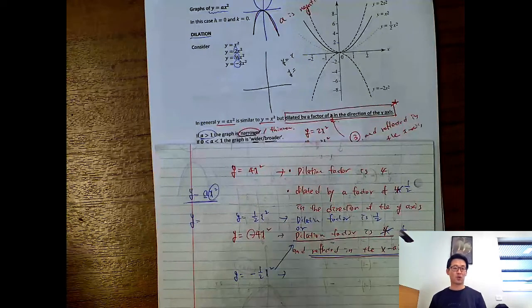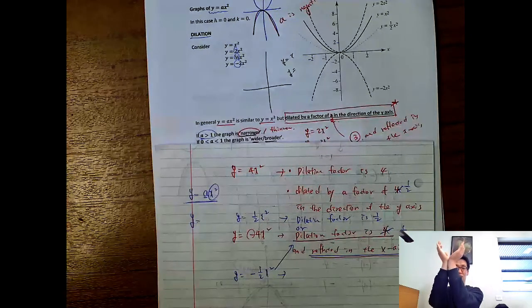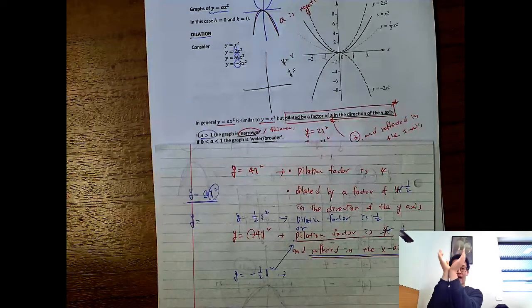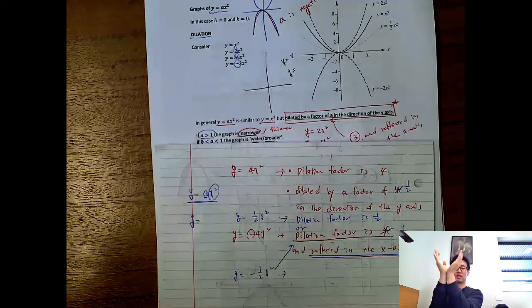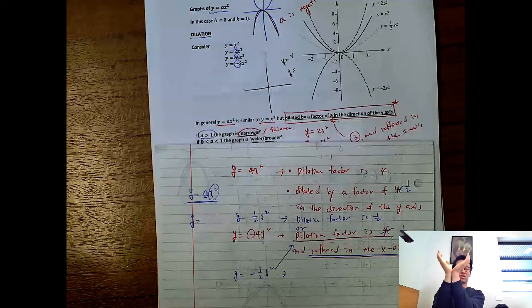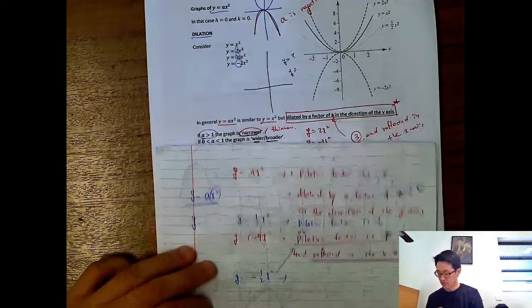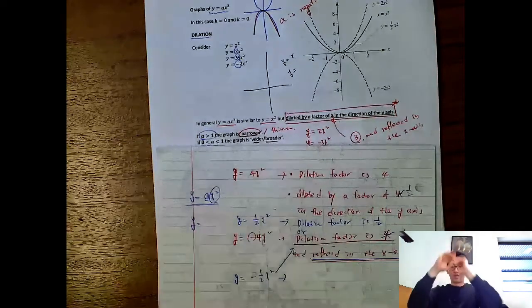When a is positive, it looks like this one; negative, that one. When a is bigger than 1, it's going to get narrower. When a is between 0 and 1, you're going to have a bit wider ones, like decreasing that way. So hopefully it's the same the other way.